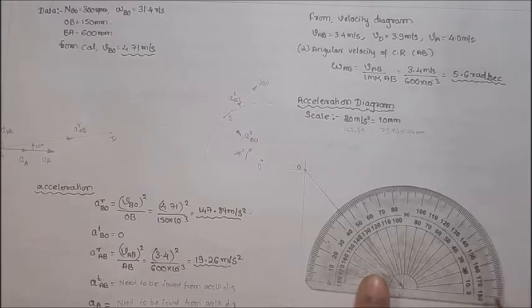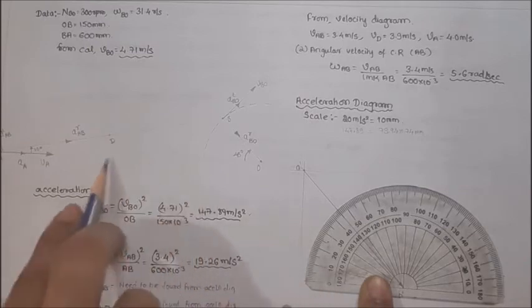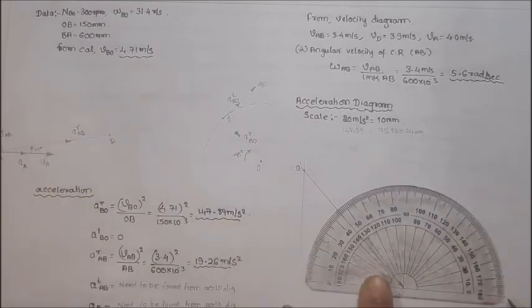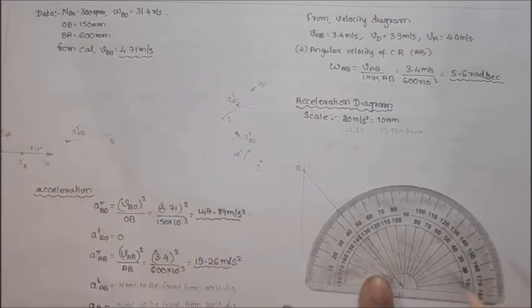This line will be my horizontal line, parallel to this line, and the 10 degree inclination is the inclination to this one.